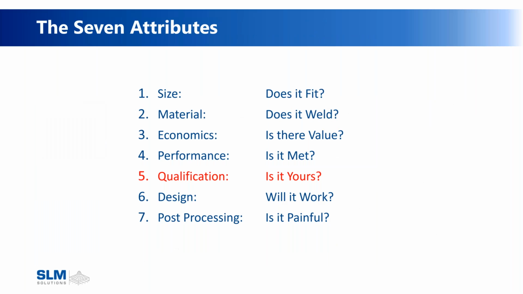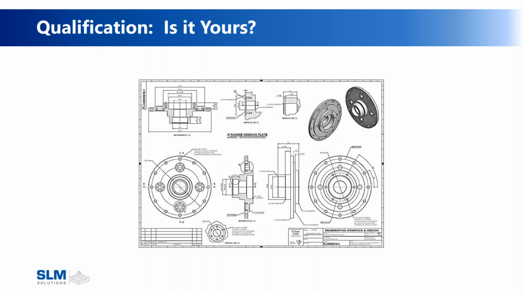Qualification. This is another very simple step, but it's also a very complex step. Is it yours? Do you own the design, and do you have the rights to make this design out of powder bed? So if somebody comes up to you within a company and says, I need this part made, and you decide to go to powder bed, do you have the right to do that?